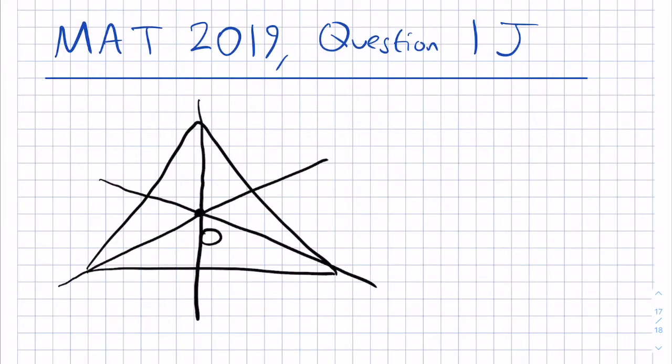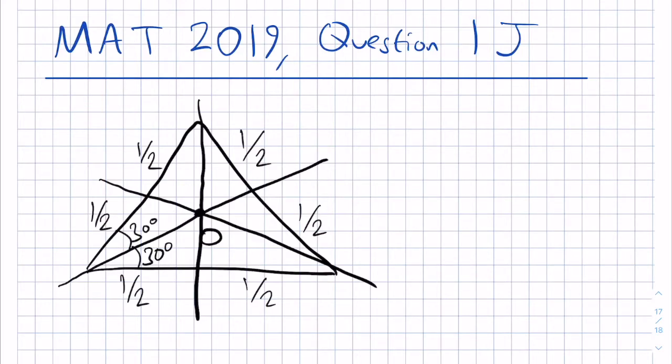This equilateral triangle has a side length of 1, so I might as well have a 1/2 in all of these places to have a side length of 1 on each side, and each of these angles will be 30 degrees because, again, we have bisected them.